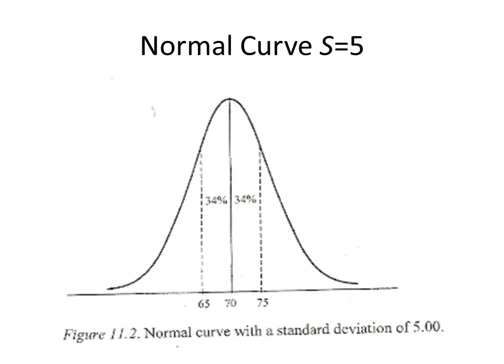So the group has less variability. However, 68% of the cases still lie in the middle area, between the scores of 65 and 75 for this group of participants.